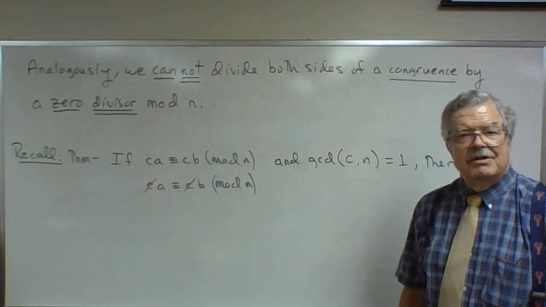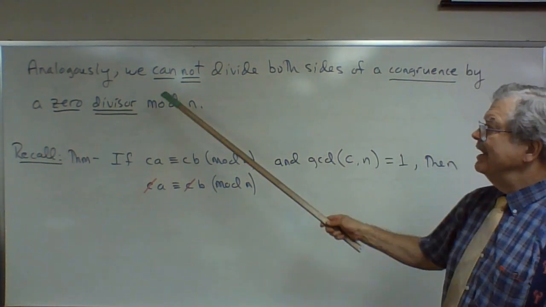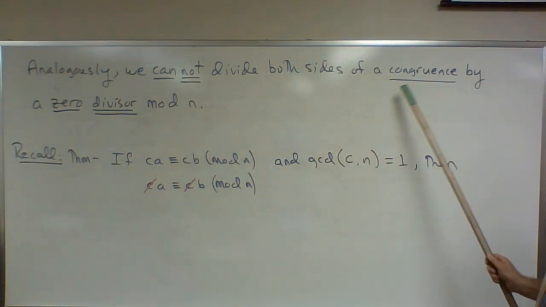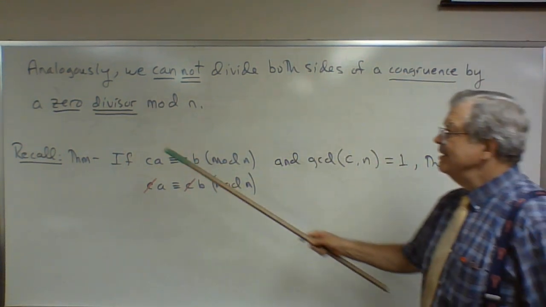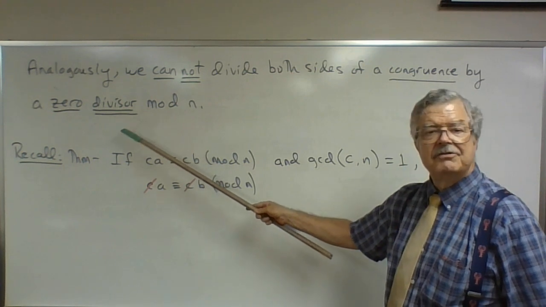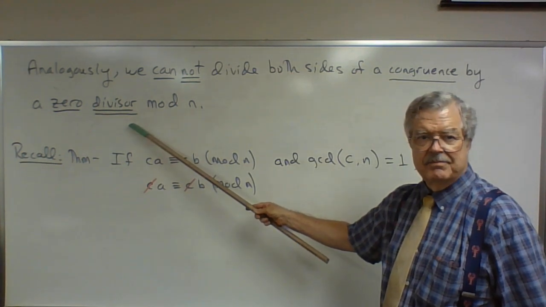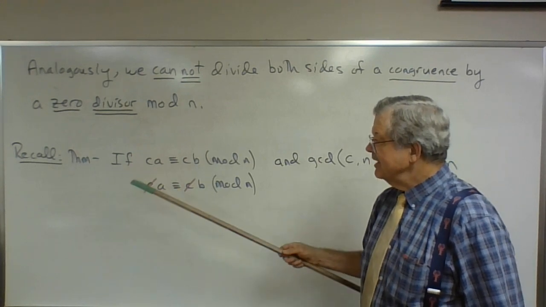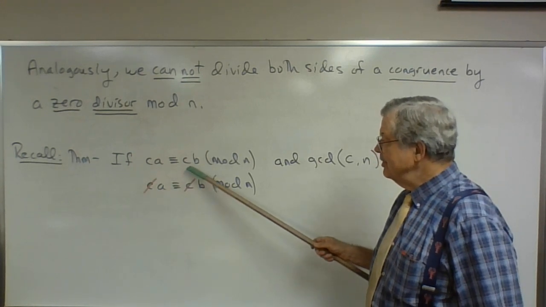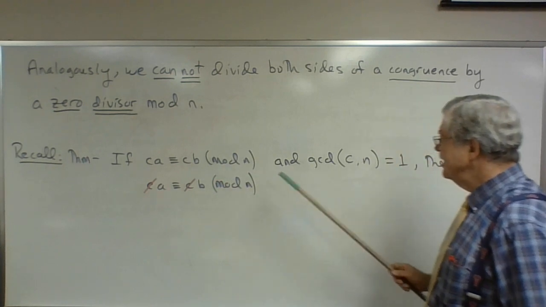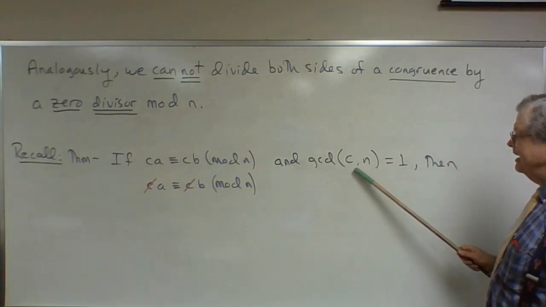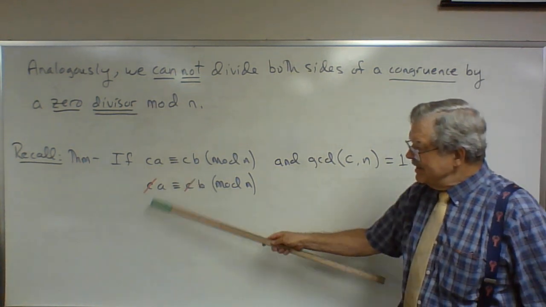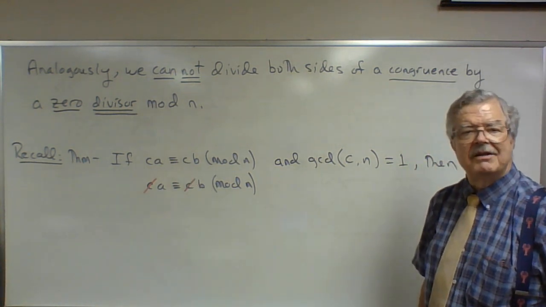Back into the world of congruences. Analogously, we cannot divide both sides of a congruence by a 0 divisor mod n. Well, remember that theorem that we had earlier? If CA is congruent to CB mod n, and the greatest common divisor of C and n is 1, then we can cancel the C from both sides.